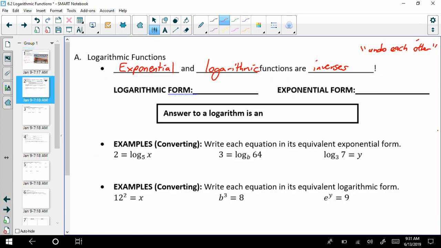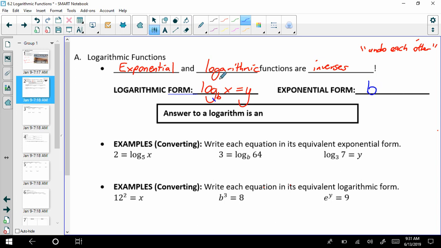So if we're going back and forth between the two, if I had this log form, log base b of x equals y, so if I use a lot of variables there, the exponential form of this, it's pretty easy to go back and forth between the two. The base number b will be the base.